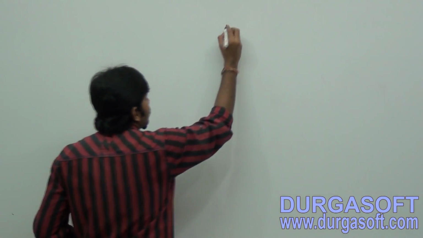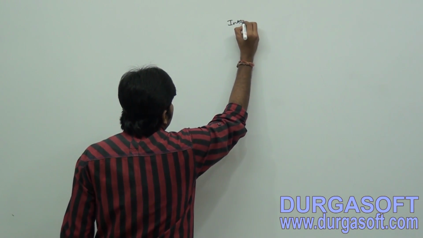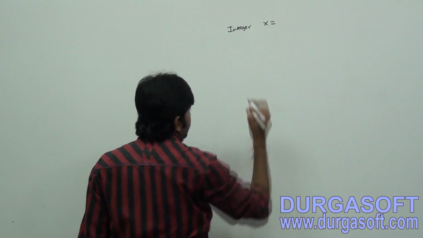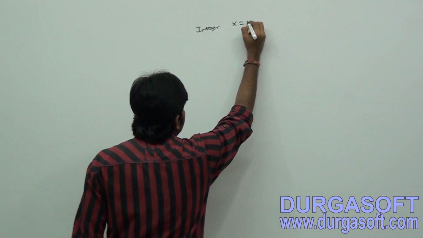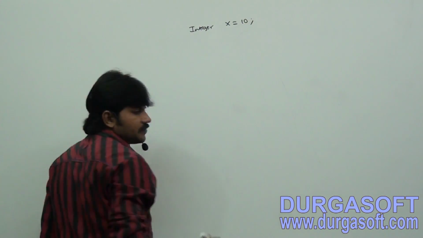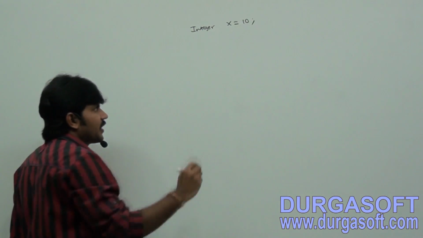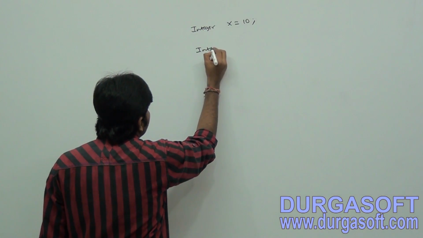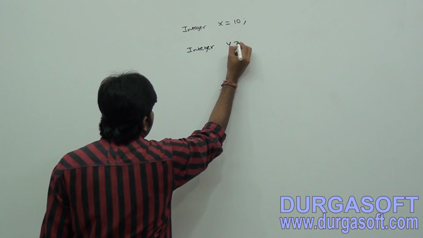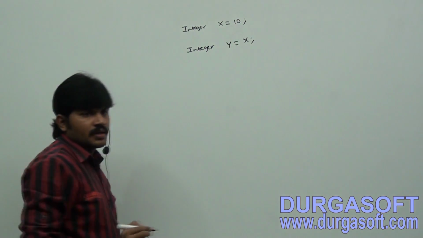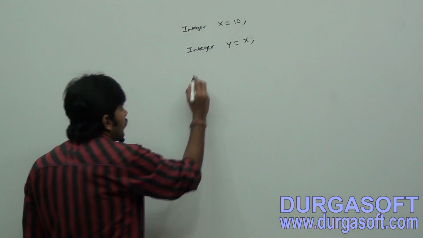Example 3. This example is also important. Here, Integer x is equal to 10, valid. Integer y is equal to x.